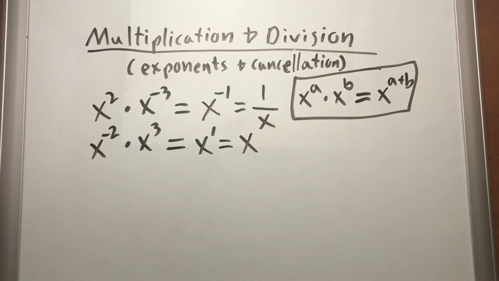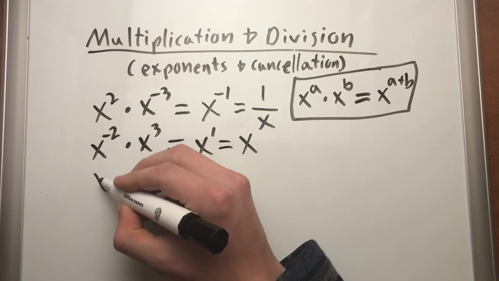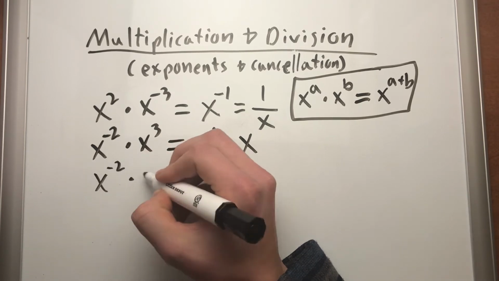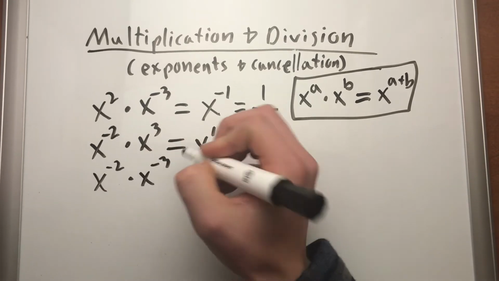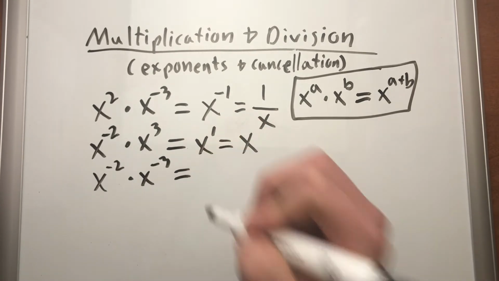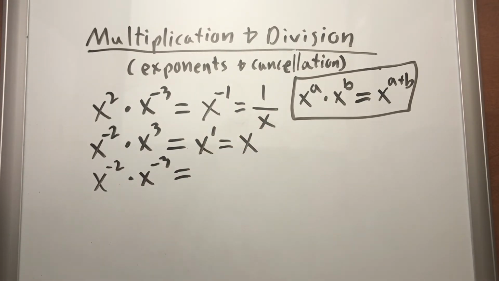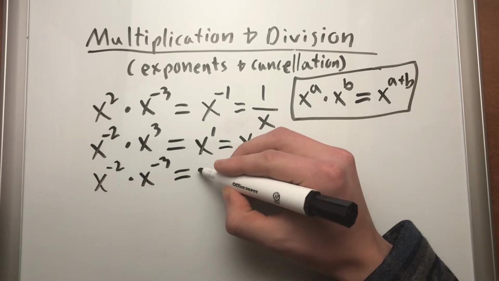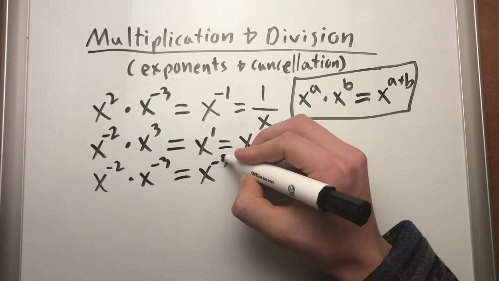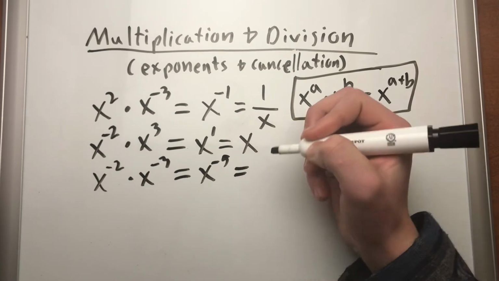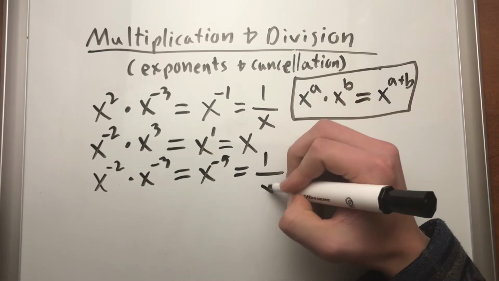Cool. What if we had x to the negative 2 times x to the negative 3? Well, negative 2 plus negative 3 is negative 5. X to the negative 5, or 1 over x to the 5th.